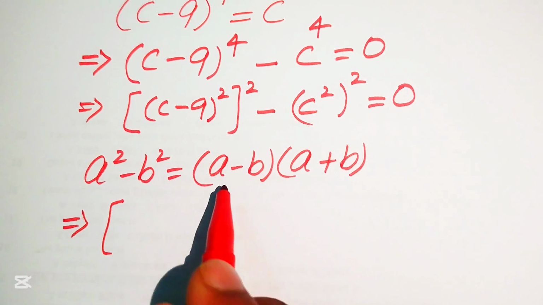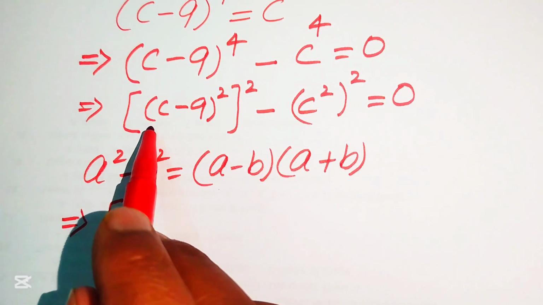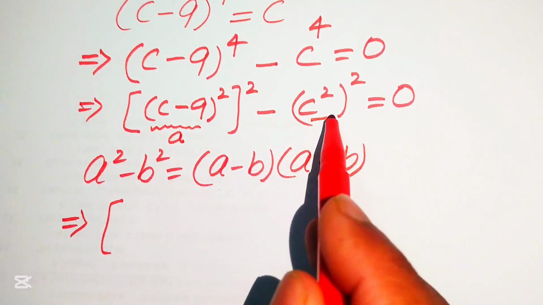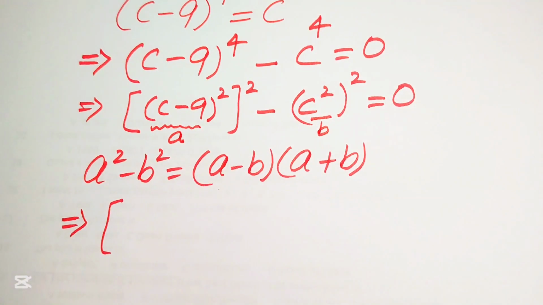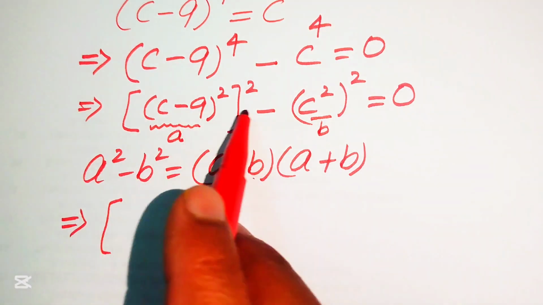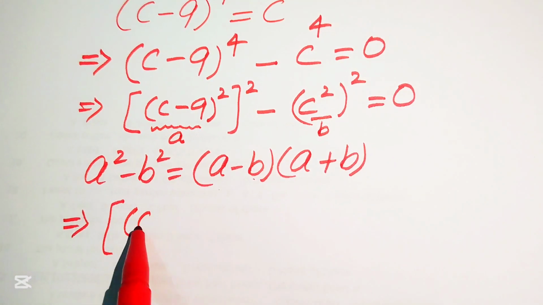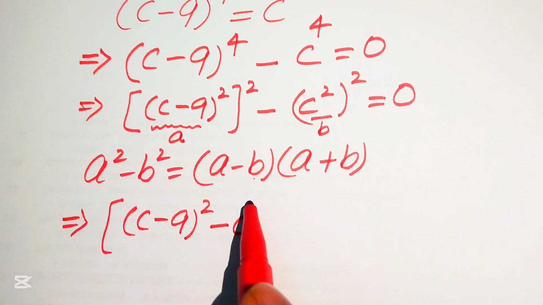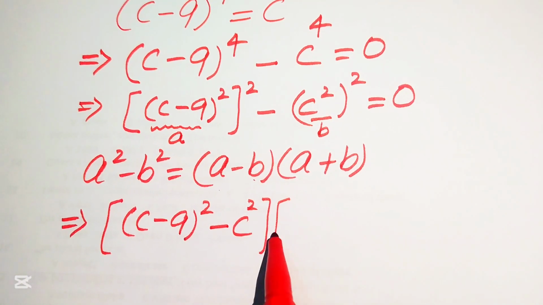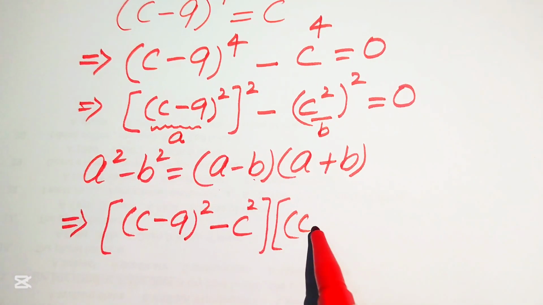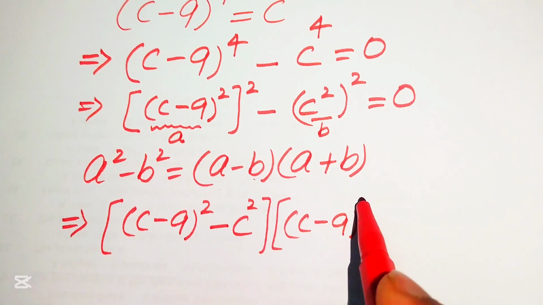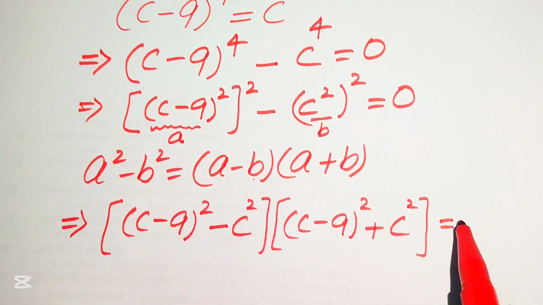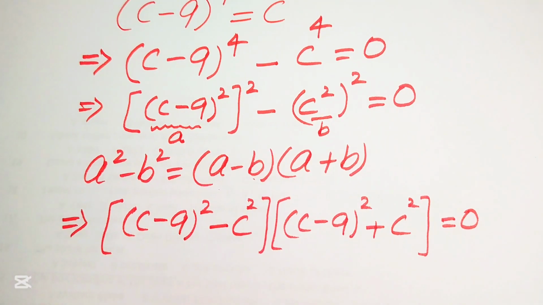First we write the a minus b term. Our a is (c - 9)^2 and our b is c^2. So this is a minus b. The above equation is written as ((c - 9)^2 - c^2) times ((c - 9)^2 + c^2), and this is equals to 0.